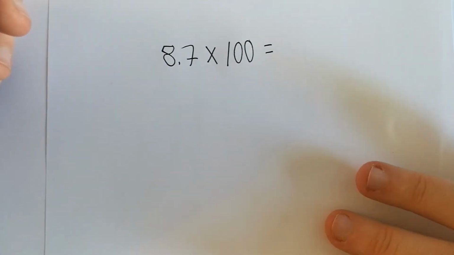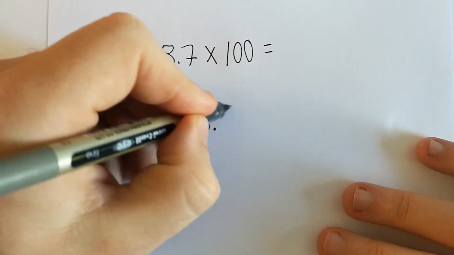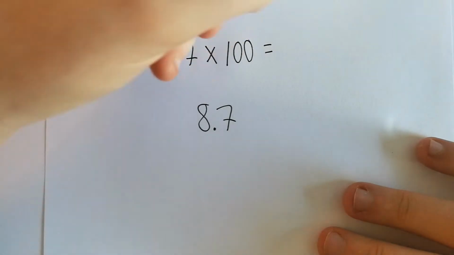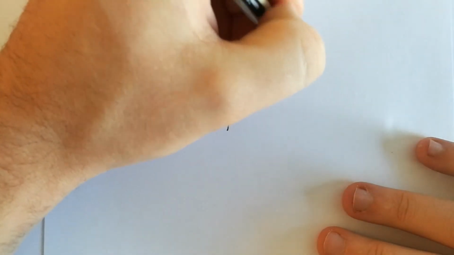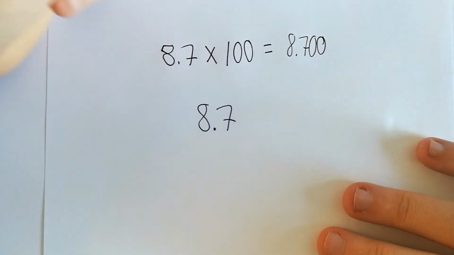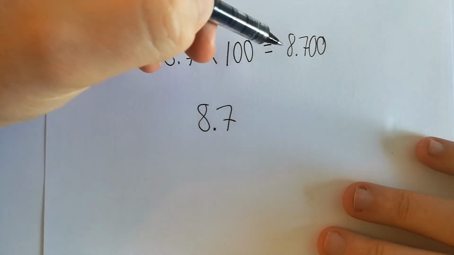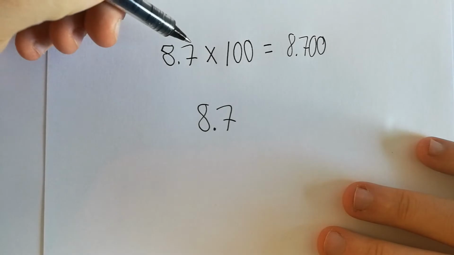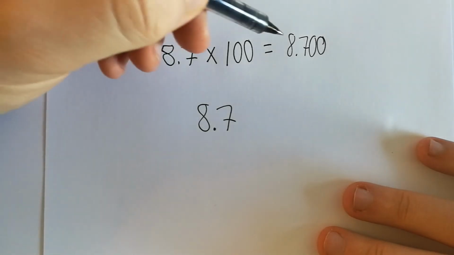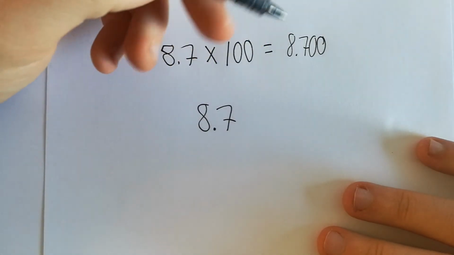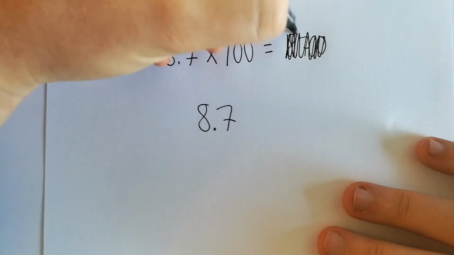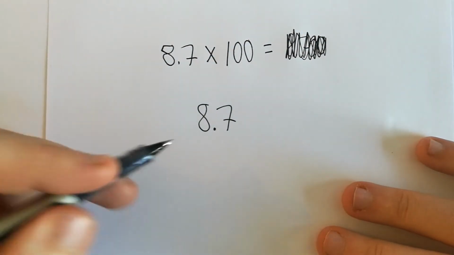Now, when we've got this number, 8.7, some people will just go, well, that equals 8.700, which is just wrong. In many ways, actually, we just have exactly the same number we just started with. 8.7 and 8.700 is the same number. So that's not the answer. What we have to do is move our decimal point.